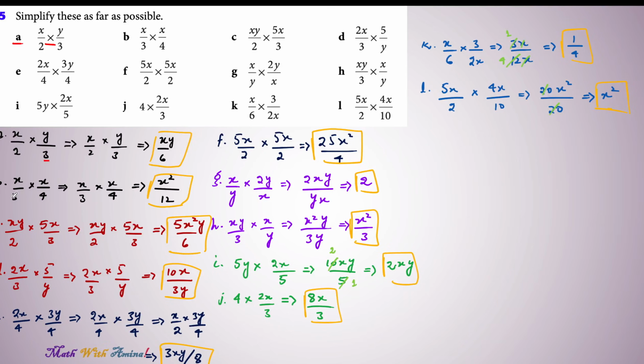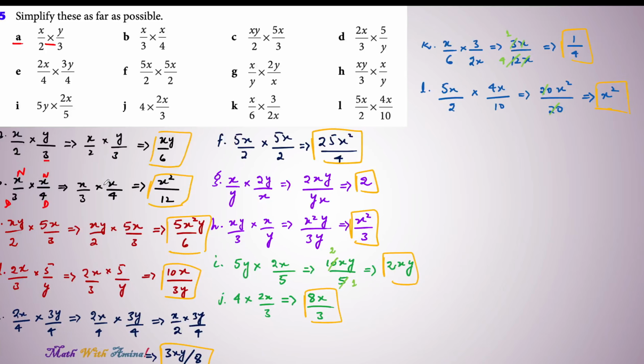Next we have x over 3 multiplied by x over 4. The numerator in the first fraction is x, and in the second fraction the numerator is x as well. In the denominator we have 3 and 4. So the numerator multiplied by the numerator is x multiplied by x.